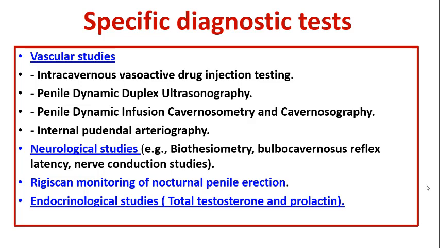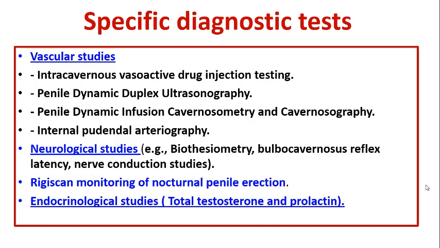So we can summarize specific diagnostic tests for erectile dysfunction in the form of vascular studies, including intracavernous vasoactive drug injection testing and penile dynamic color duplex examination. Dynamic means color duplex examination in combination with the injection of the vasoactive drug.